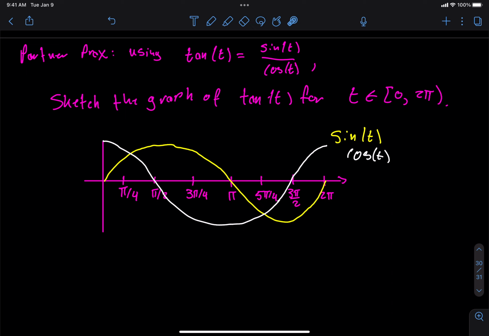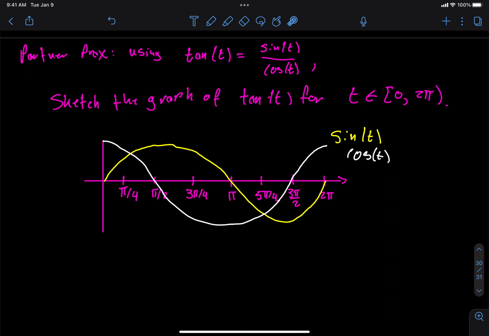Now let's think about the other side. Think about if my angle were to march slowly from here and get closer and closer in the other direction. It's as if I'm taking my hand and marching it in this direction. If I march the hand in this direction, the y value will be positive, close to 1, and the x value is going to be really, really small and negative.